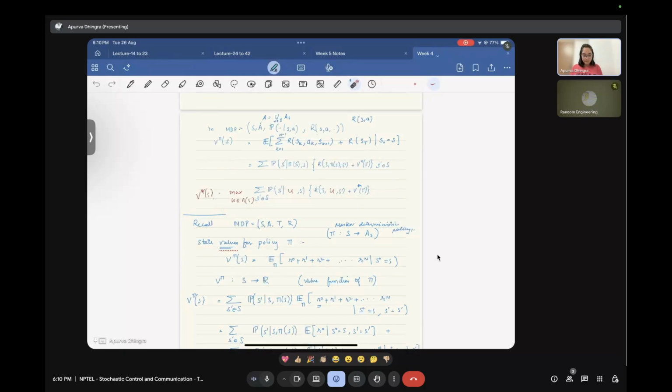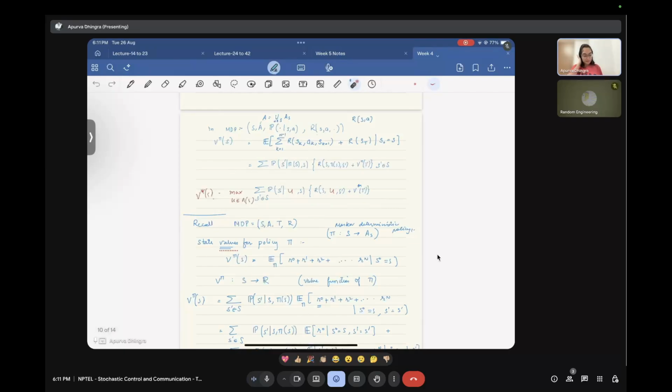And if you notice, this is a recursive relation. There is a V of s and a V of s dash. That s dash might end up being the same state if there is a probability of being there. So because this is a recursive relation, it takes care of the DP type recursive relation that we saw in stochastic control as well. So these formalisms are fairly similar to each other.